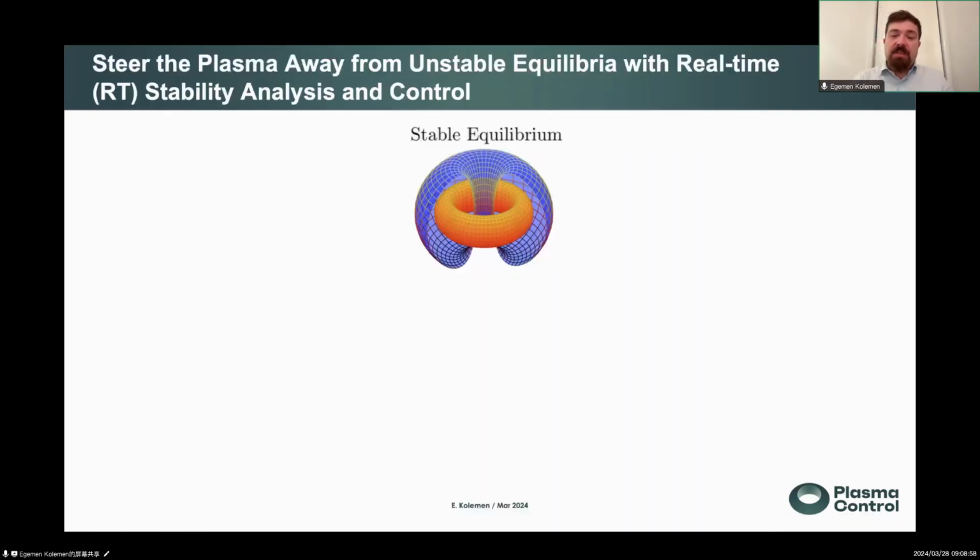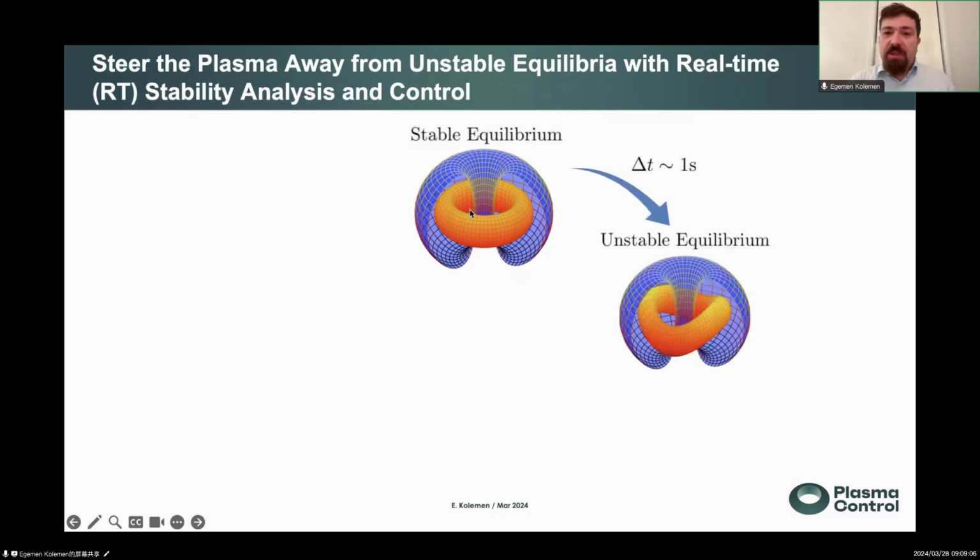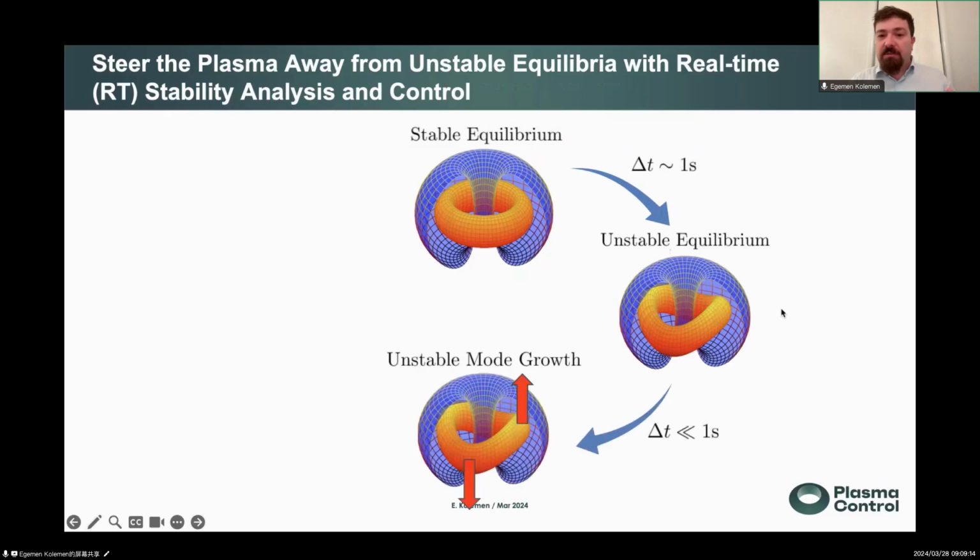So how do we do this? Normally, this is the cage that the plasma lives in. This is the plasma. Plasma is stable normally, but sometimes, on seconds time scales, it becomes unstable. The problem is that once it becomes unstable, the growth rate of these unstable modes is very fast. It's millisecond time, much less than a second.